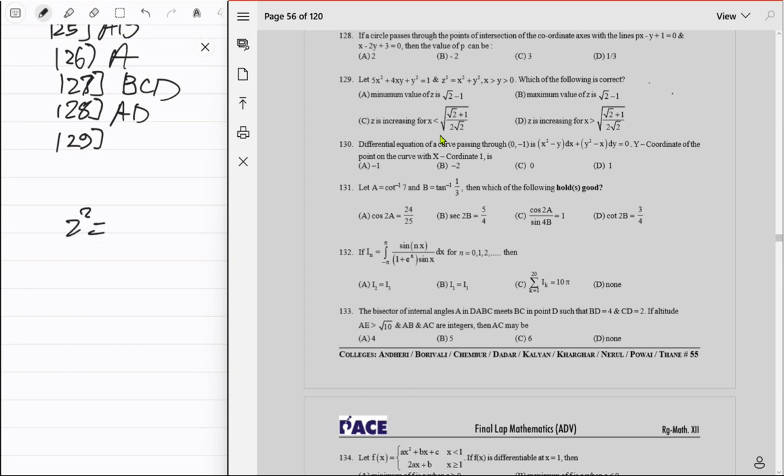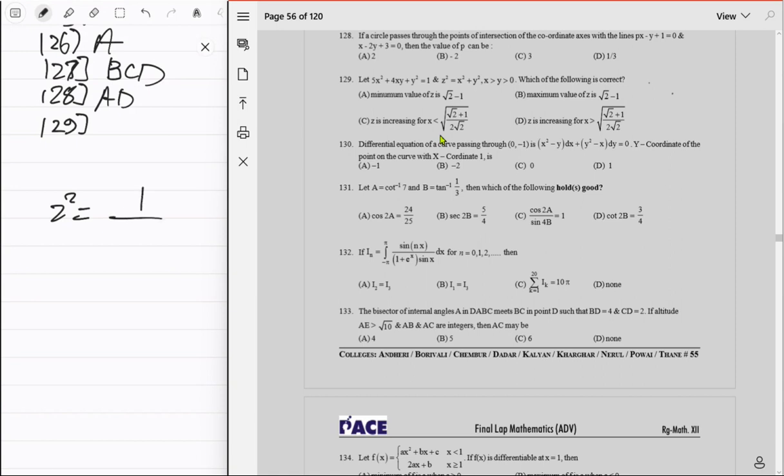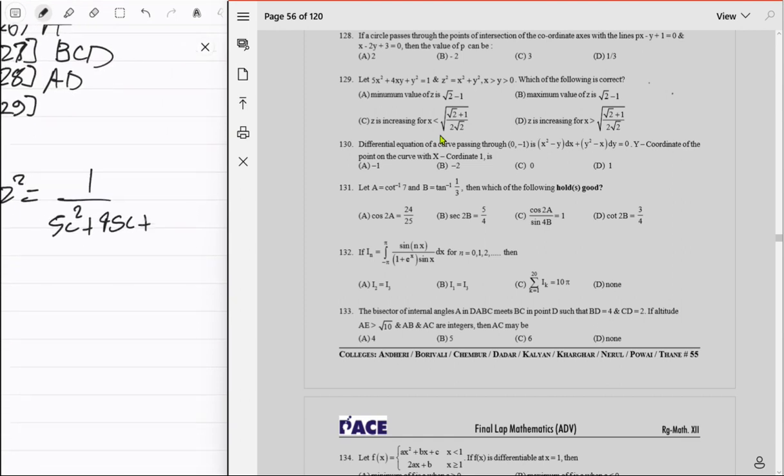z² is just equal to what? 1 upon 5cos²θ + 4 sinθ cosθ + sin²θ, right? Which is just 1 upon 1 + 4cos²θ + 4 sinθ cosθ, and θ belongs to 0 to π/2, of course.